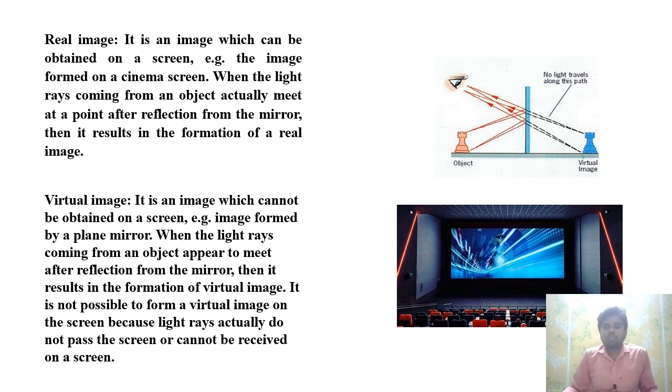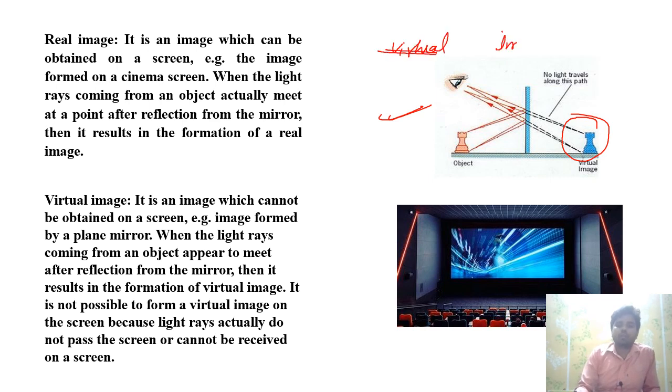As you can see in the image given in the PPT, when we are looking through the plane mirror, the image that is formed behind the mirror cannot be formed on a screen. Such an image is known as a virtual image, where the image cannot be formed on the screen.